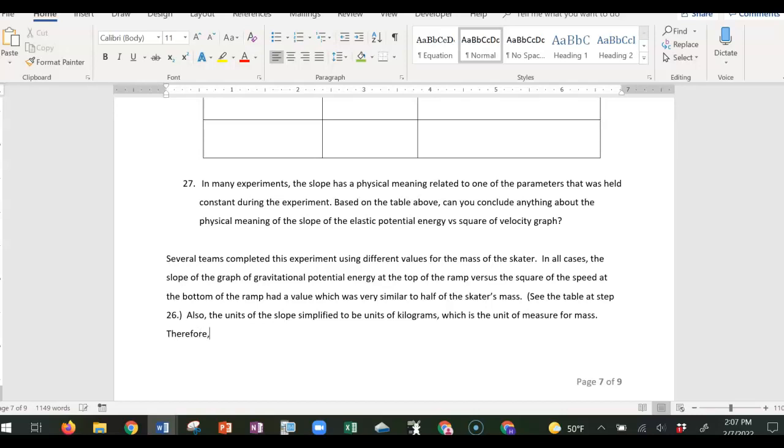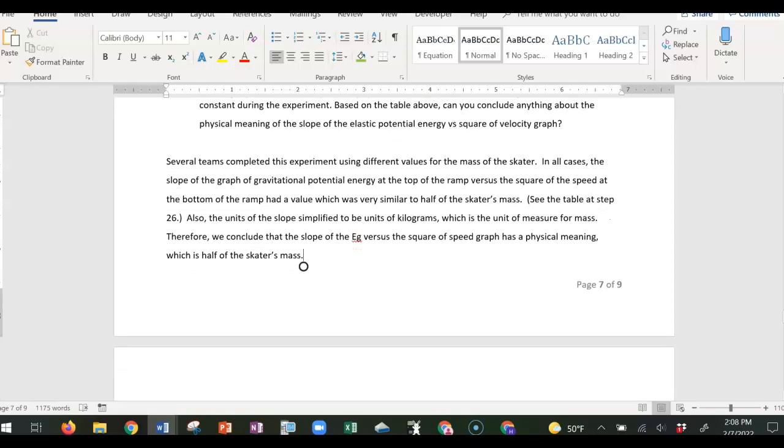So therefore, we conclude that the slope of the EG versus the square of speed graph has a physical meaning, which is half of the skater's mass. Okay, so that is what we can conclude about what this slope really means.